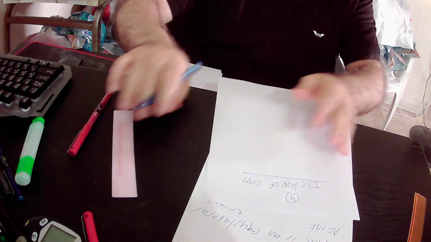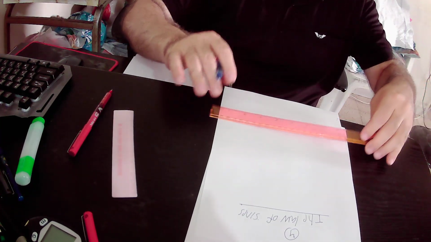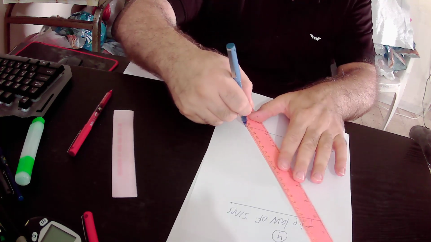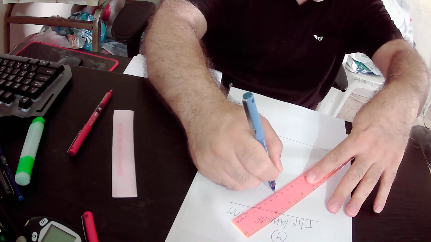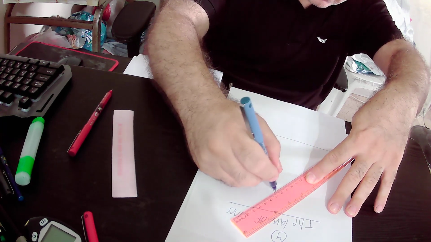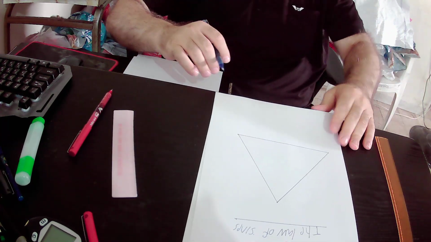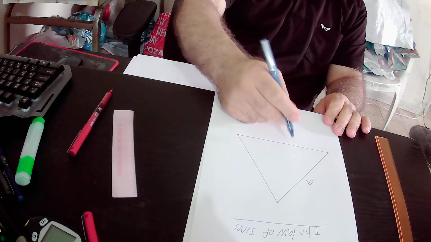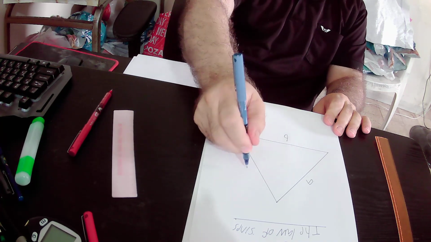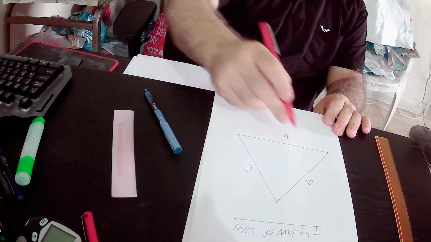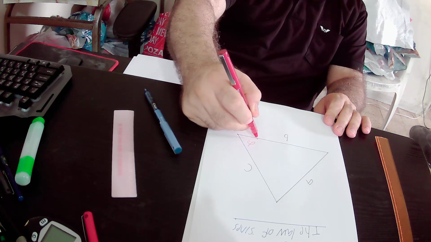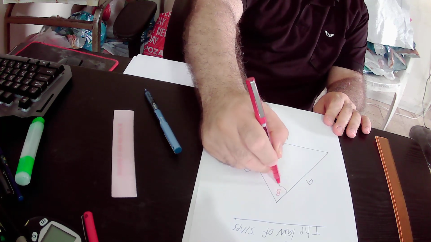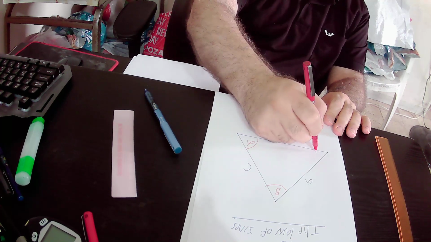Actually, if we have a triangle, this side of the triangle is A, this side is B, this side is C, and this angle is alpha, this angle is beta, and this angle is gamma.